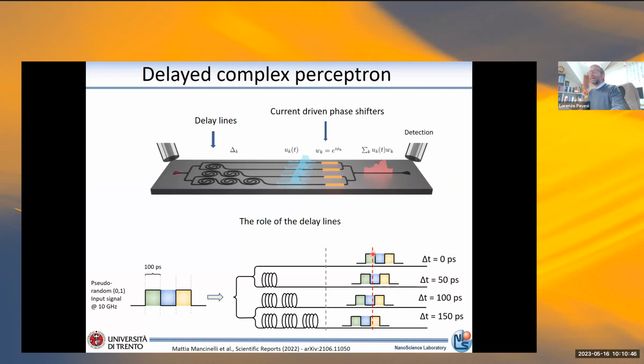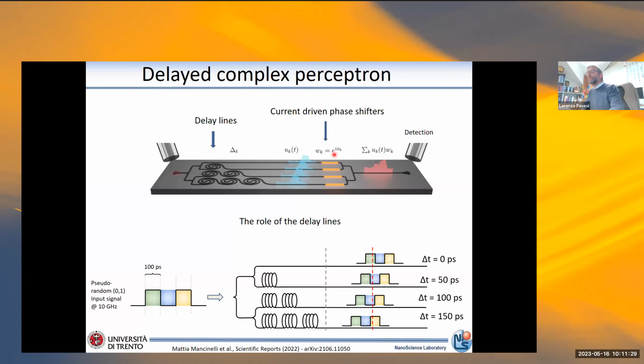By controlling the length of the waveguide, we can control the timing of the arrival of the input signal at the point where the interference occurs. In this way, we make the present bit interact with the bit in the past, and with the bit in the farther past. This interaction, this sum, is achieved by letting the delayed representation of the input go through the phase shifter, whereby controlling the current, we control the additional phase that the light field experiences.